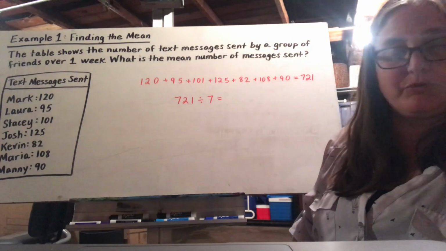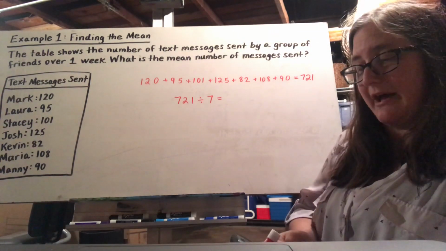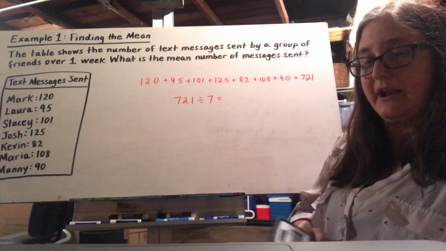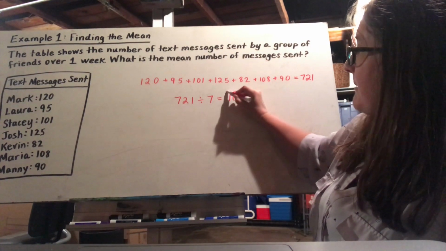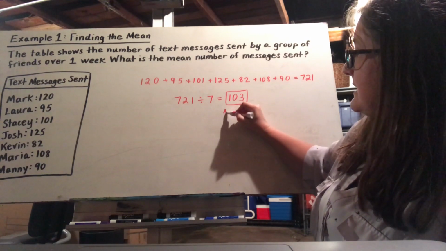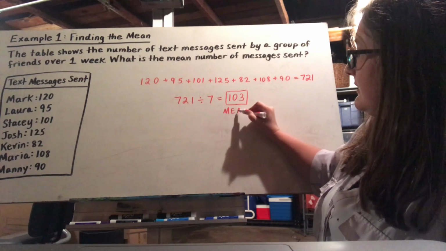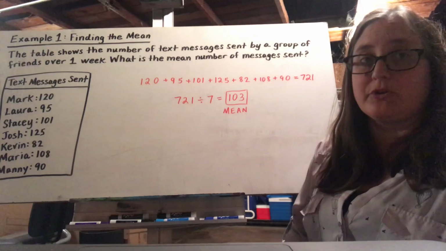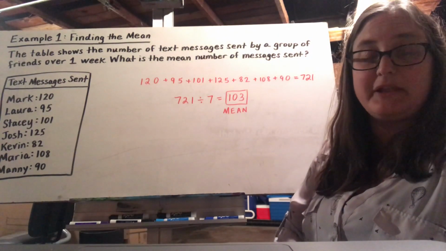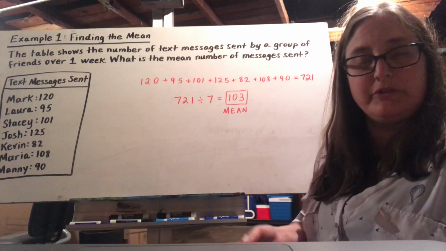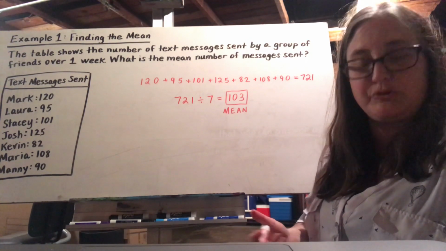So I'm going to do 721 on my calculator divided by 7. And I get 103. This number right here represents our mean. Now there are people in the group who sent more text messages than 103 and those who sent less, but this is kind of a central number to represent how many each person was sending.